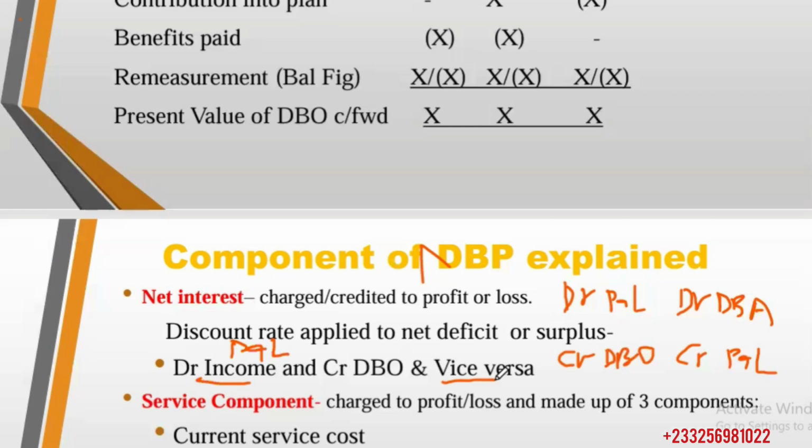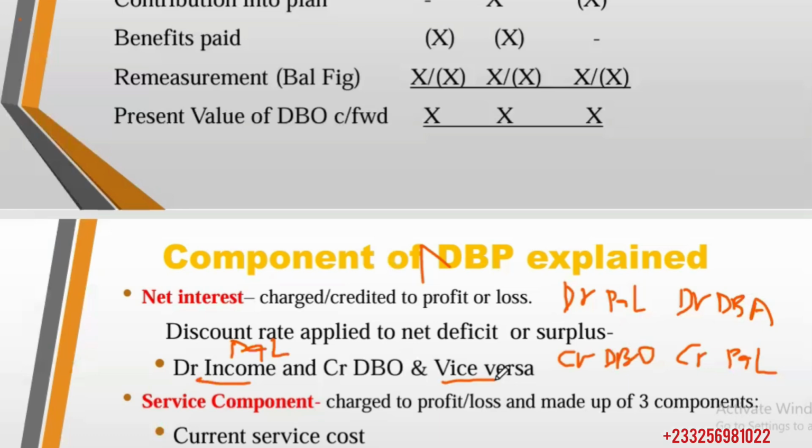You debit the asset to add up because you got net income, which means that your income was more than your expense, meaning that your asset was more than your liability. So you had net interest income. With that net interest income, we add it to the asset. So we debit the asset, and we'll credit P&L. So this is how we treat the income itself.